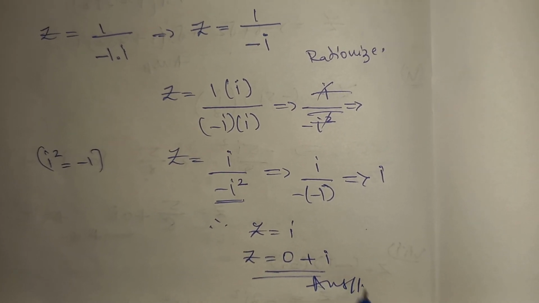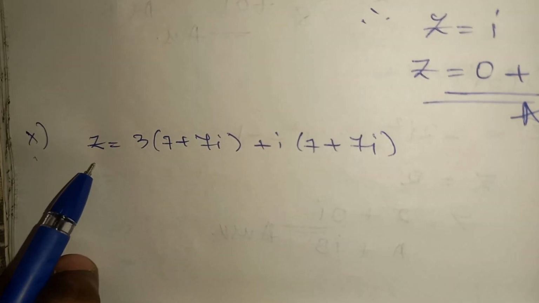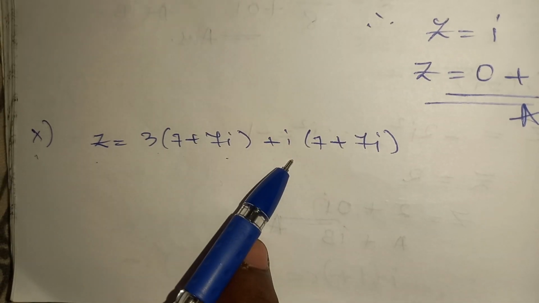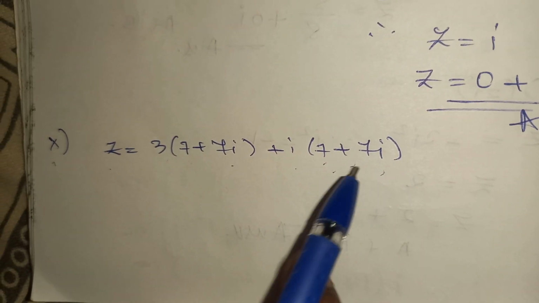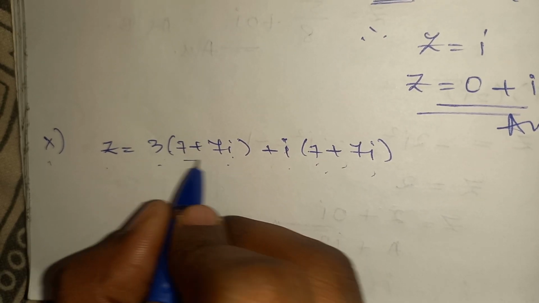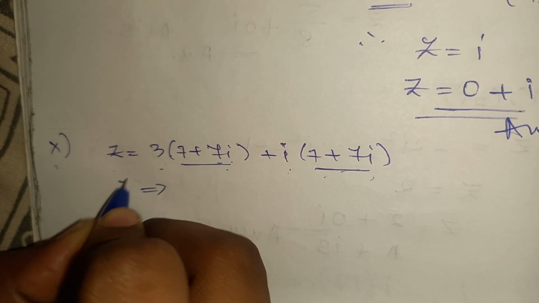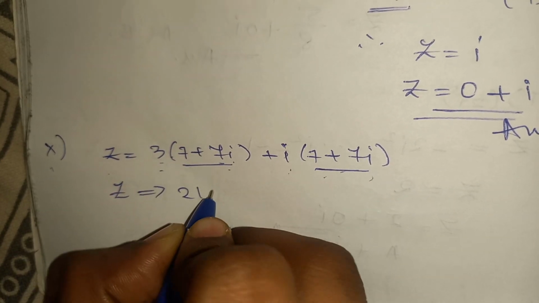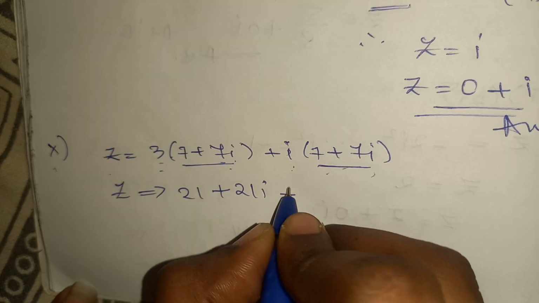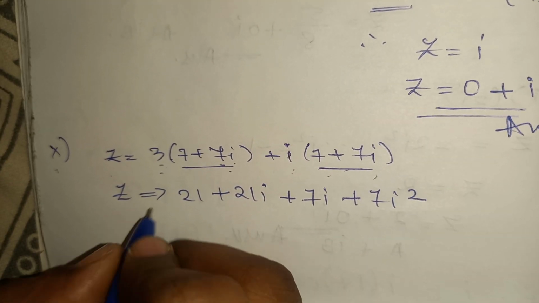This is the answer. Now 10th question, given z is equals to 3 into 7 plus 7i plus i, which is multiplied by 7 plus 7i. Now first we'll multiply this term 3 with this whole part and this i with this whole part. So what we'll get is z is equals to 21 plus 21i plus 7i plus 7i square.